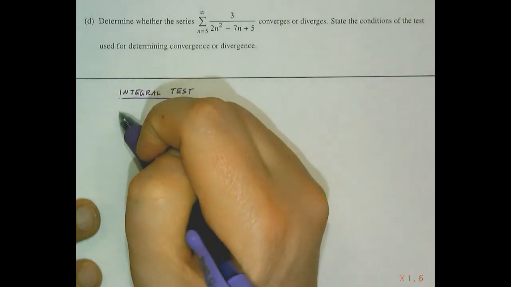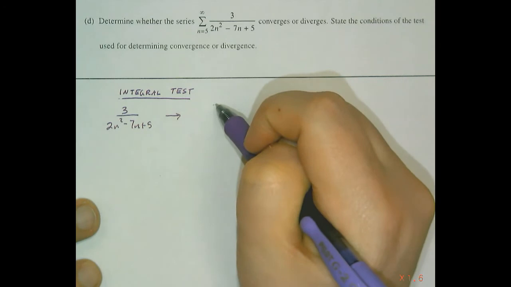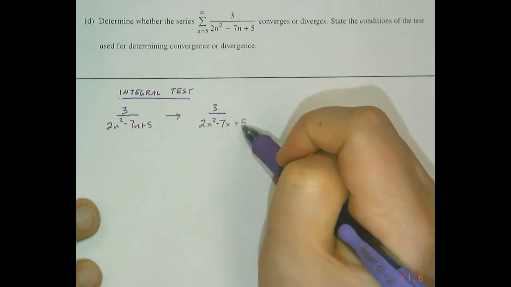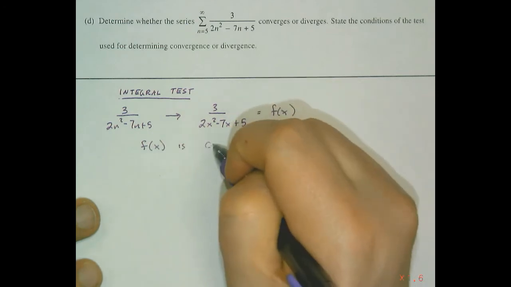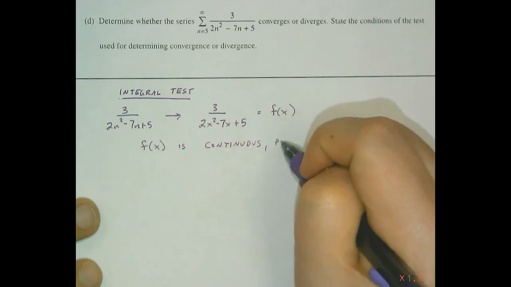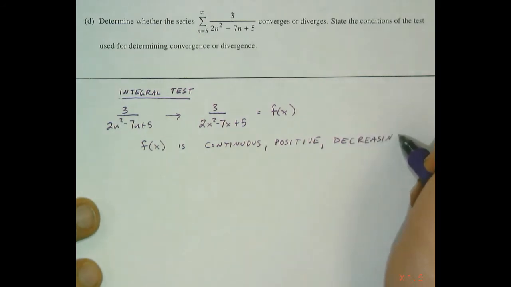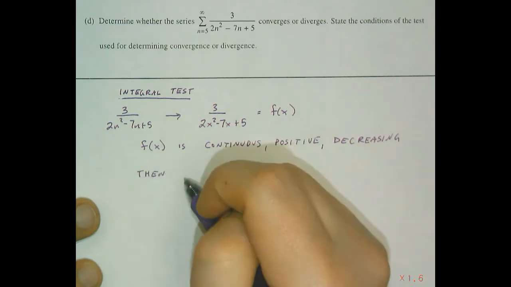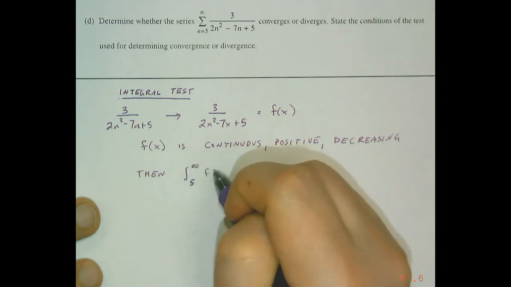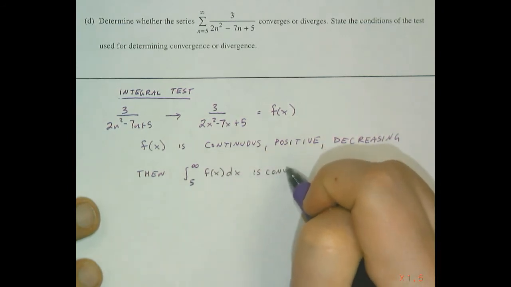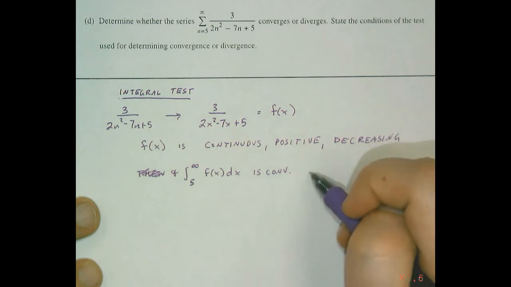And the integral test says that if we were to map this rule of sequence onto a function, which it does, and if f of x is continuous, positive, and decreasing, then either the improper integral that we had done from 5 to infinity is convergent, and this improper integral is convergent.